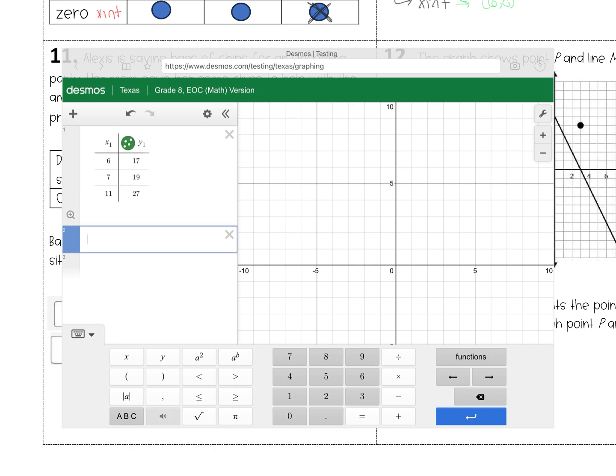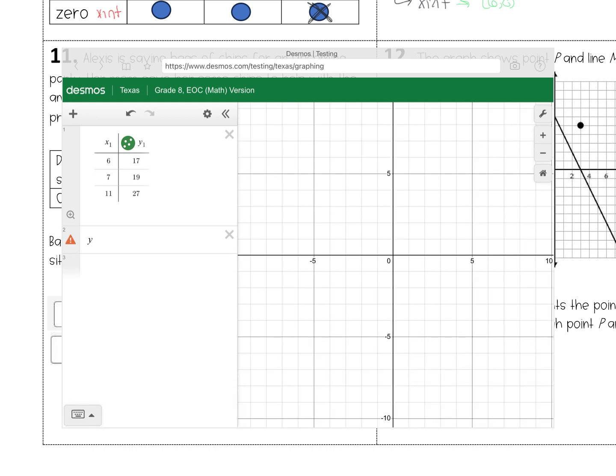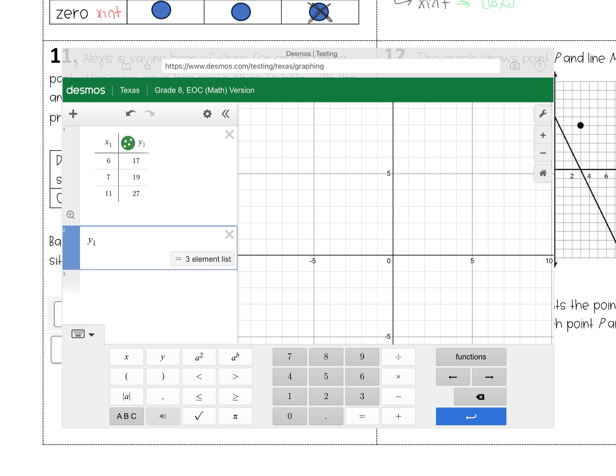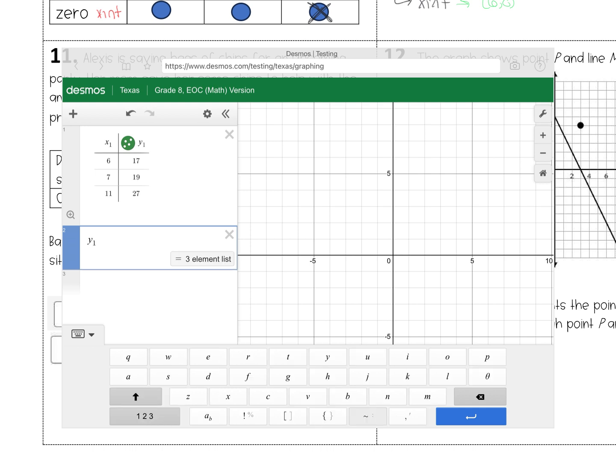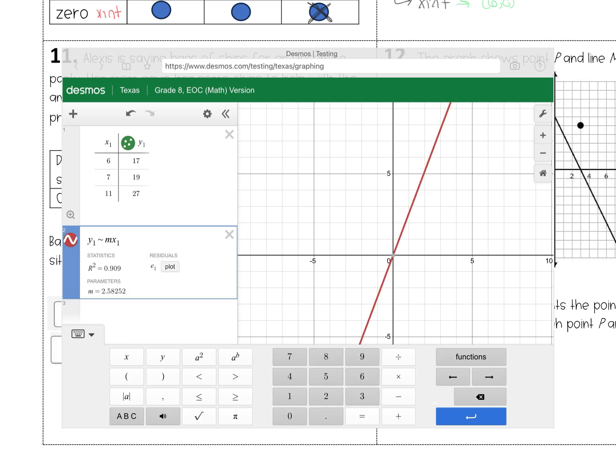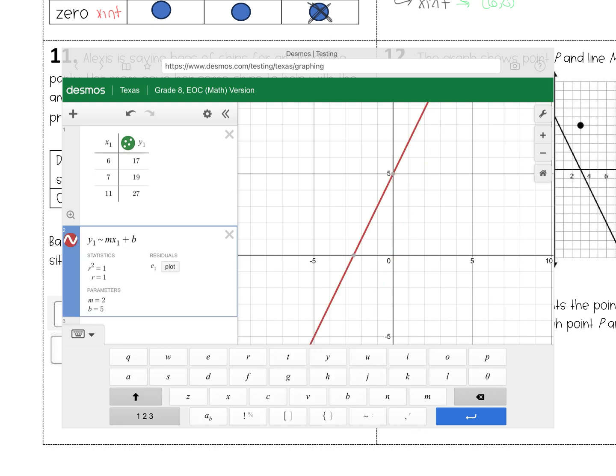You go on the next line and you're going to put your y, and then you're going to have to get your 1. You have to press your ABC to get your little squiggly m, x1 plus b. Now if you look right here, there's your m and your b that you're looking for. So we need to go find the equation that has an m of 2 and a b of 5, which we would find by distributing.